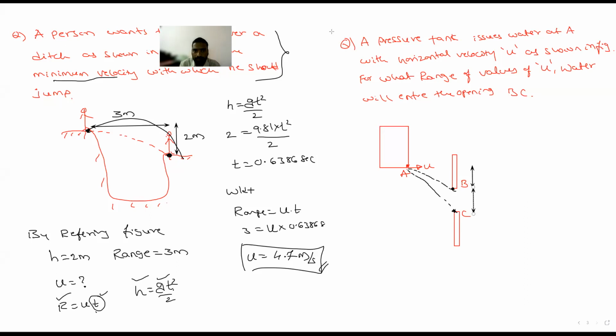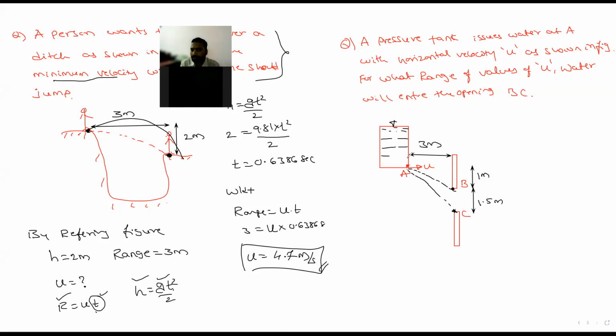This is 1 meter. This is 1.5 meter. He has also given the horizontal distance from the tank to the gate. This is 3 meter. This tank is filled with water.